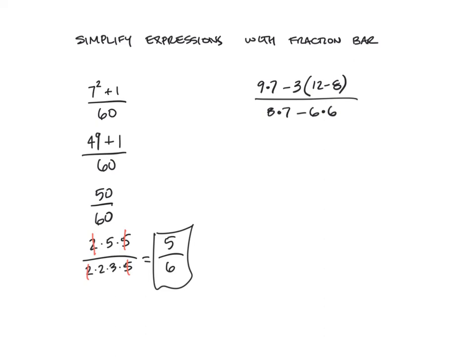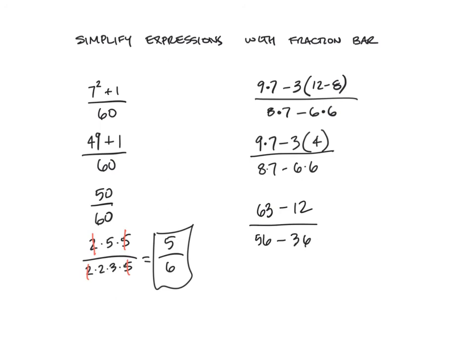Let's see, so we have to do the stuff in our parentheses first. So 9 times 7 minus 3 times 12 minus 8 is 4. And we've got 8 times 7 minus 6 times 6. So we'll do 9 times 7 on the top, 63 minus, and I can do the 3 times 4 here, this is just 12. And then I can do the 8 times 7, 56 minus 36.